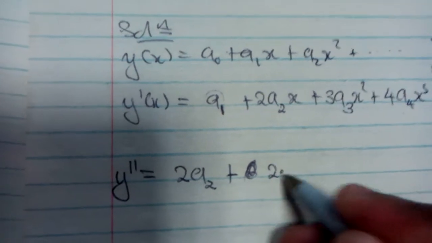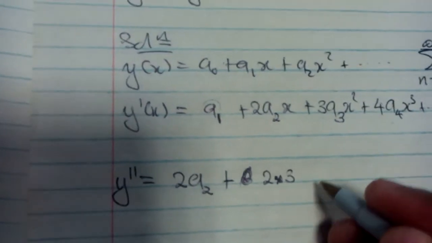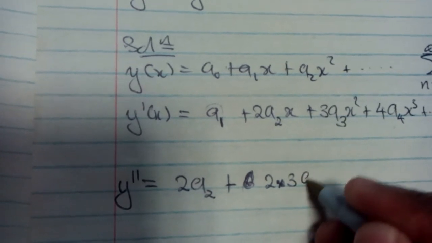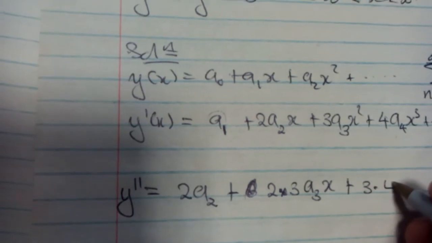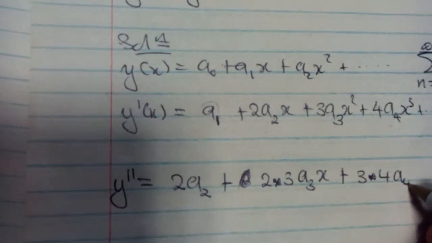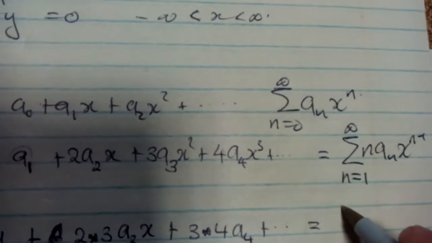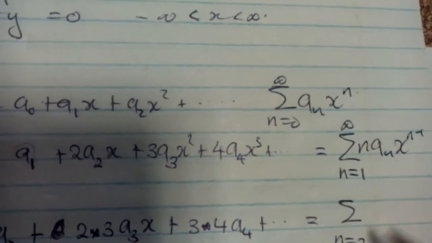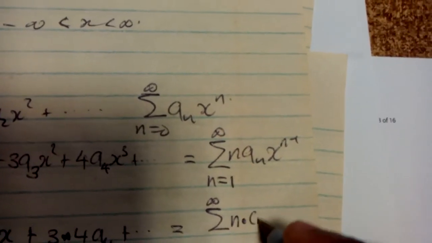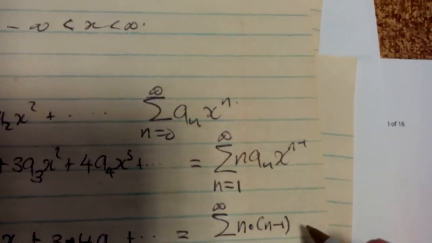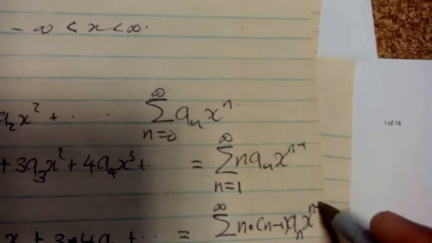Let me have this as 2 times 3 times a3 x plus 3 times 4 a4 plus on and on, and this is equal to what? The sum from n equal to 2 up to infinity of n times n minus 1 times a n x to the n minus 2.